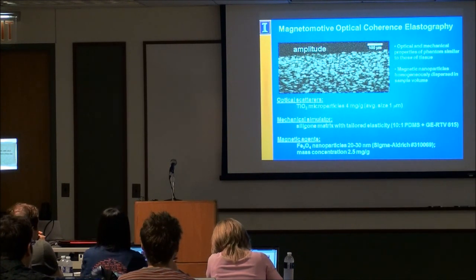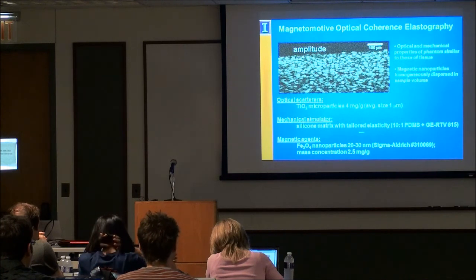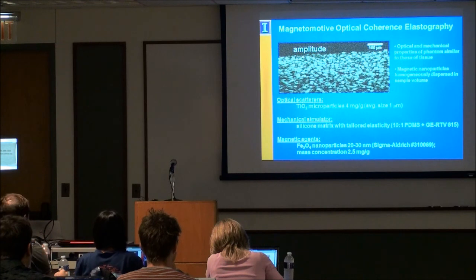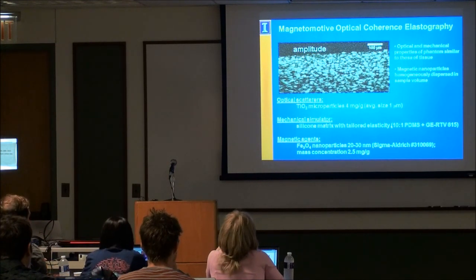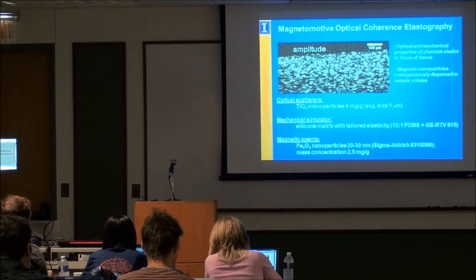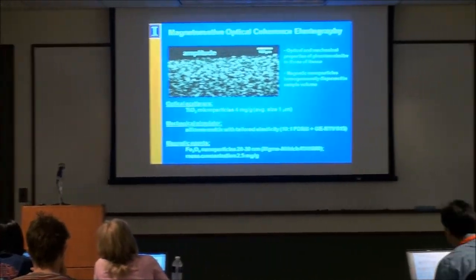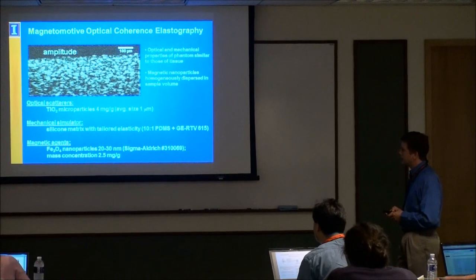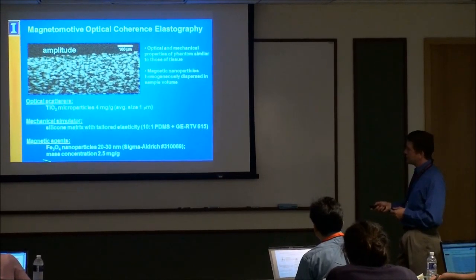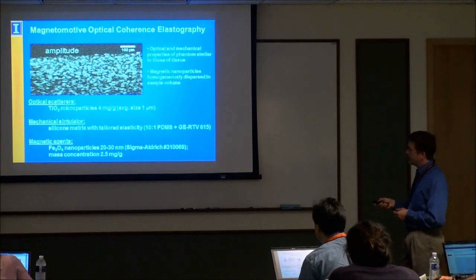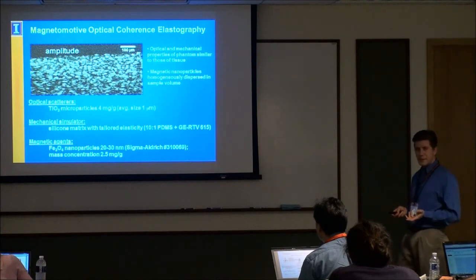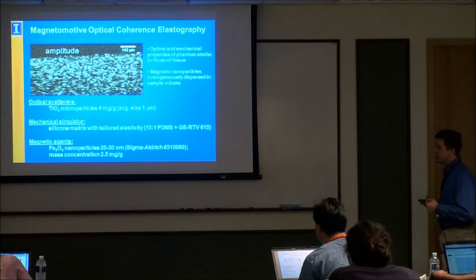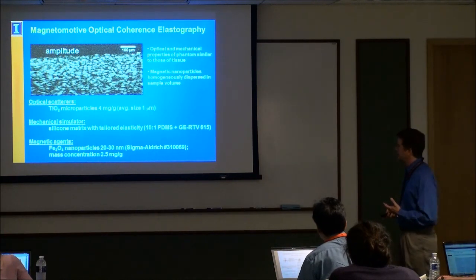That was really done by mixing a silicone matrix with various types of gels to tailor the elasticity. So this PDMS with this RTV as a curing agent. And we were able to get the mechanical properties of this gel very similar to tissue as well. We then doped it with our iron oxide nanoparticles, and we also had titanium dioxide microparticles to act as added scattering agents.